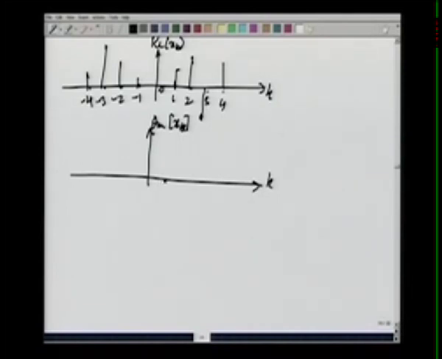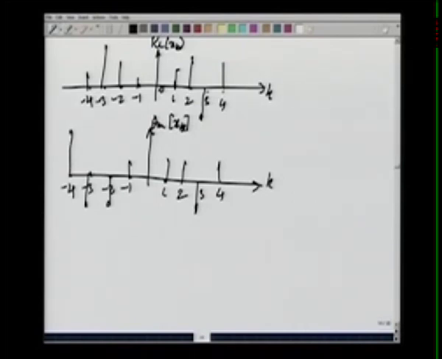Here again you will say it's this much over here, this much over here, this much over here, this much over here for 1, 2, 3, 4, and maybe for minus 1, minus 2, minus 3, minus 4, you can have some values again, maybe this, whatever.